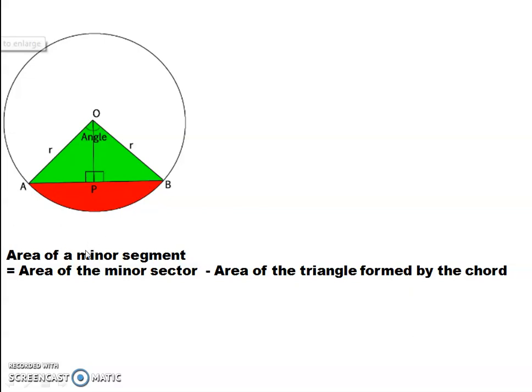Green area plus red area is the minor sector. From the minor sector, if you subtract the area of this green triangle, you will get the area of the minor segment. So, the area of the minor segment is the area of the minor sector minus the area of the triangle formed by the chord.